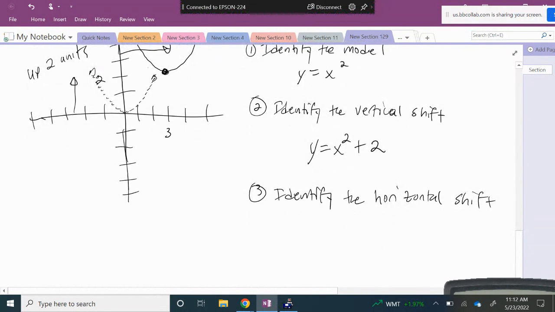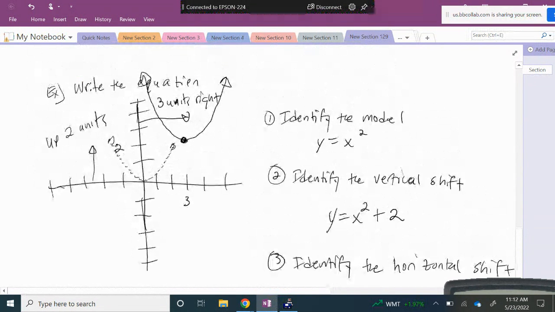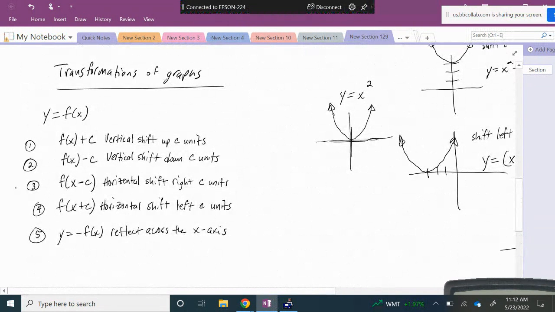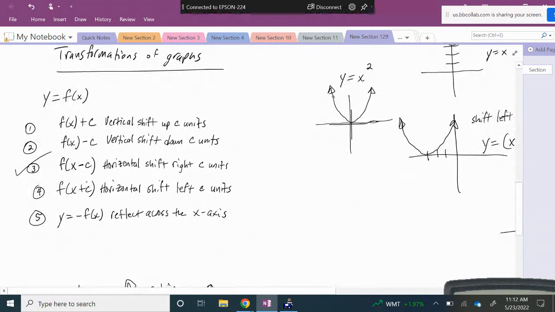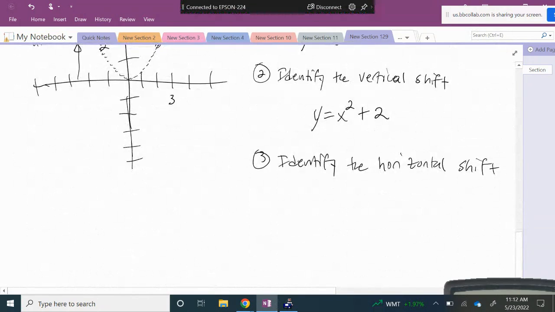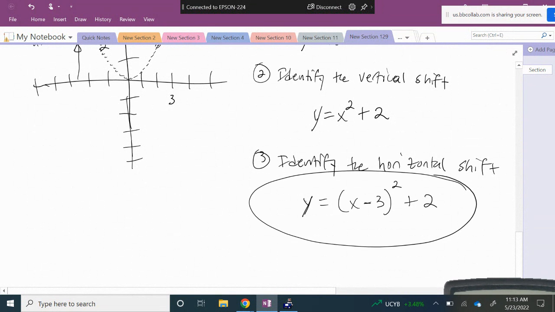Okay, so how would I account for moving the parabola 3 units to the right? Well, if I go back to the model, to the transformations, shifting it 3 units to the right, I would actually subtract 3 from within my function. So I'm going to write that out as y is equal to the quantity x minus 3 quantity squared plus 2. And this is my final equation.